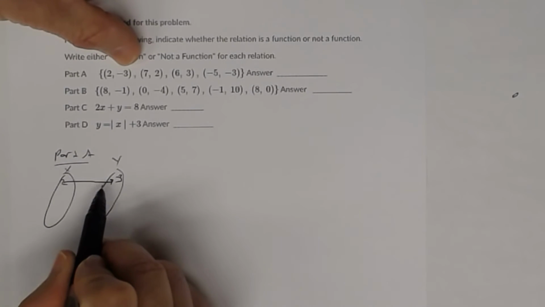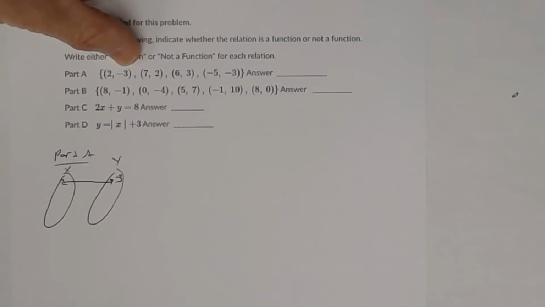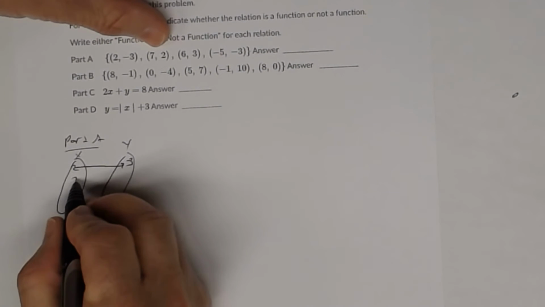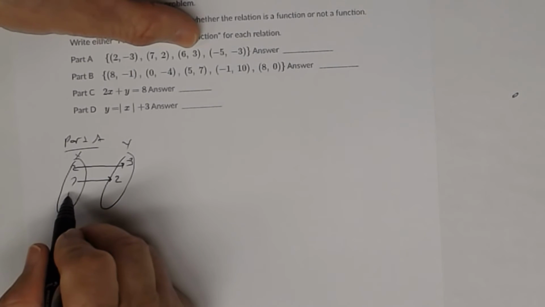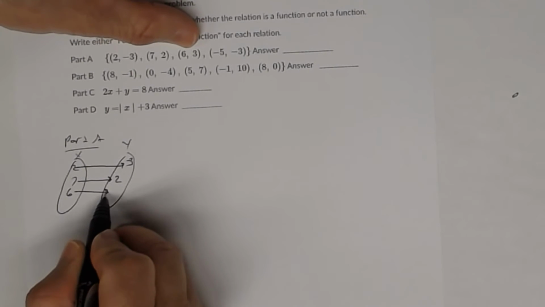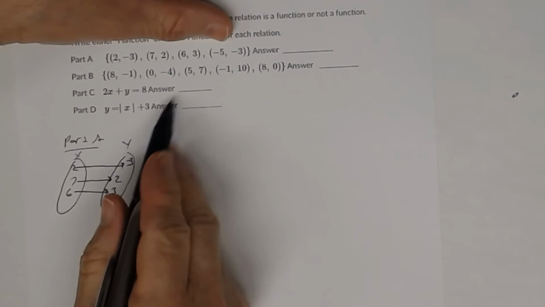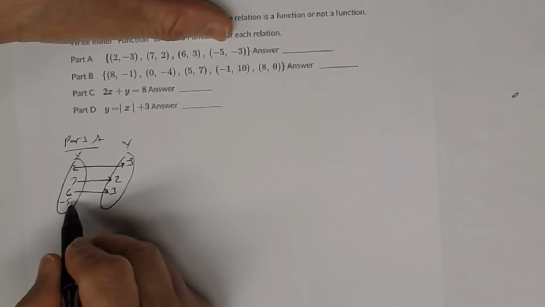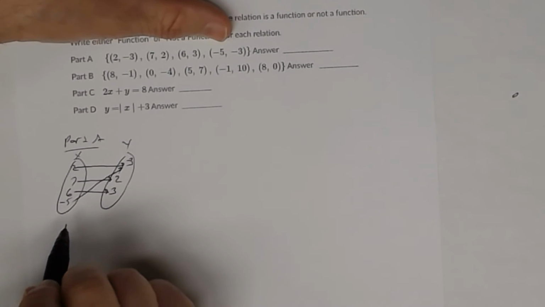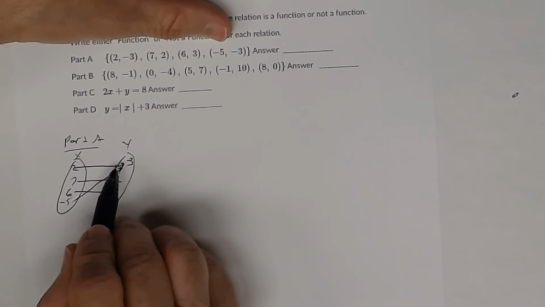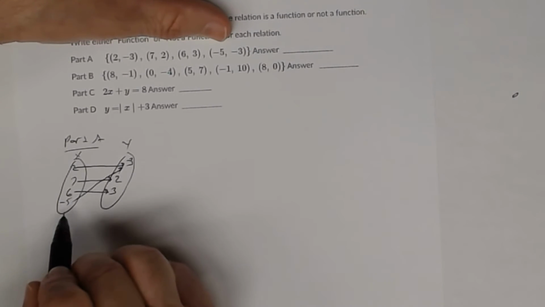For each x, there must be only one y. So far we're okay. When x is 7, I get a y value of 2. That's good. When x is 6, I get a y value of 3. That's good. When x is negative 5, remember, only listed once, I get a y value of negative 3. But notice that for each of these x coordinates, there's only one y coordinate attached to it.